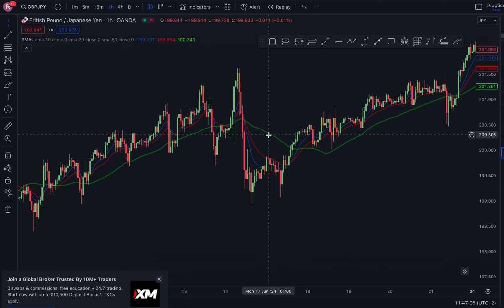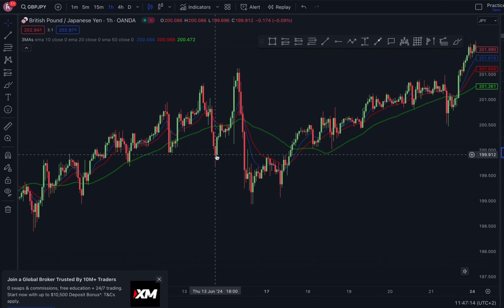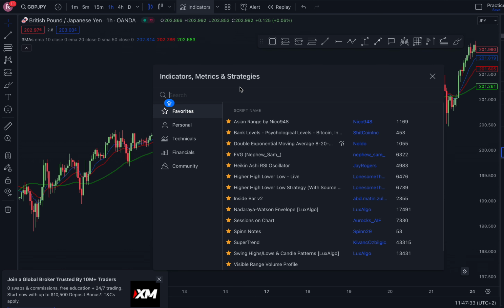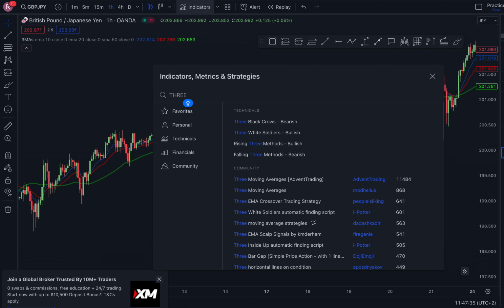So I'm just gonna recolor. First of all, you're gonna need your three EMAs. If you can't get three EMAs on TradingView, because obviously the subscription requires you to have a premium account before you can use three indicators, a secret trick is just to go to indicators and search for three moving averages.